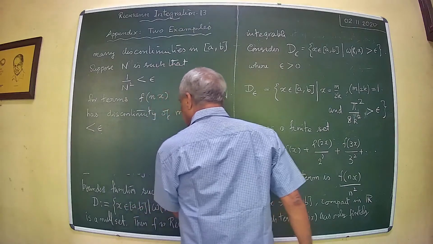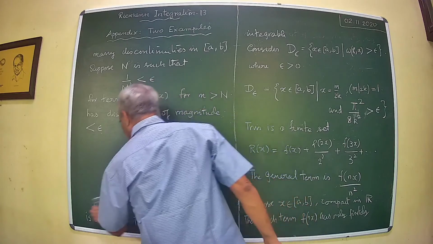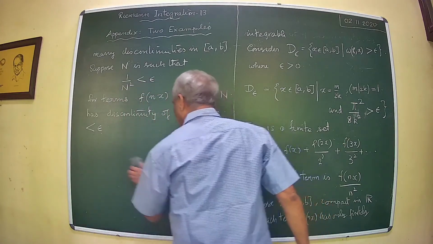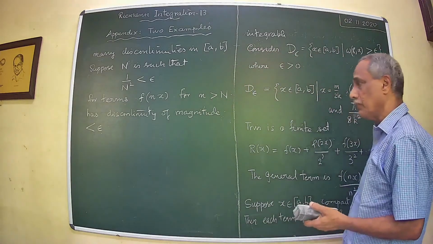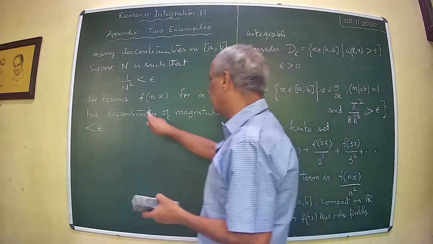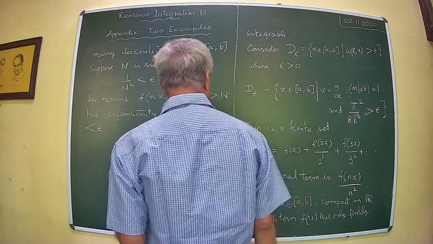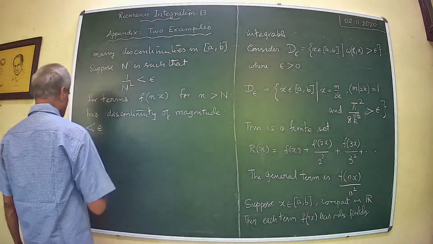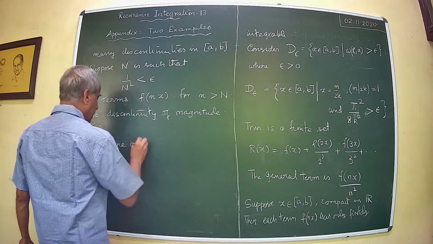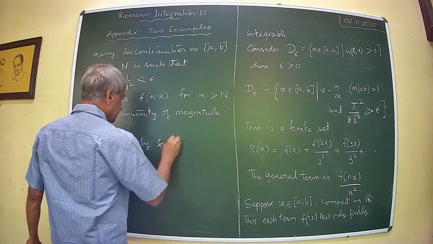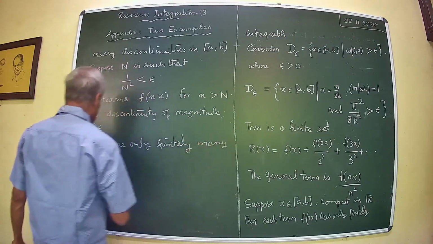Therefore all those terms do not come into the reckoning. So the terms in the series involved are only finitely many.